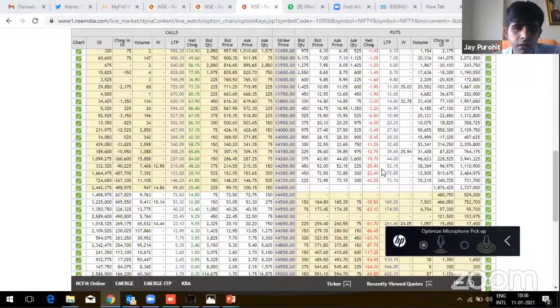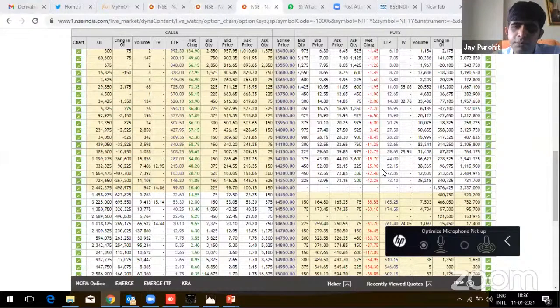One more query is there. Where do we find the heat map of series like January, February, etc.? If you are looking at the combined data, then MyFNO is one website, but that one is paid. If you are looking at the heat map of intraday data, then you can get it through the Motilal Oswal terminal as well.